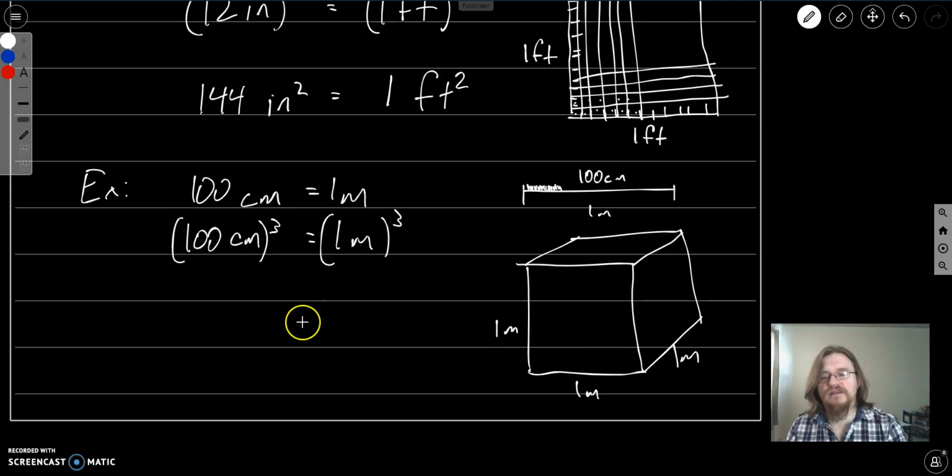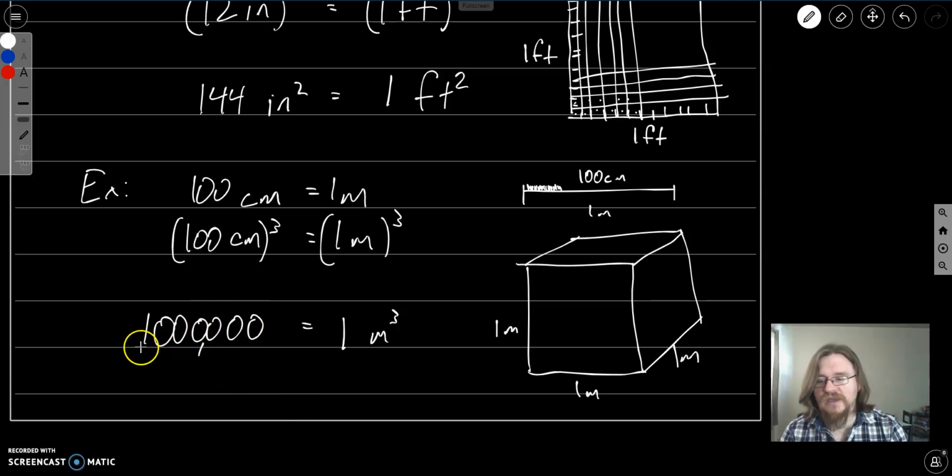Again, 1 meter cubed, well, 1 times 1 times 1 is just 1. It's pretty easy. 100 times itself 3 times, we could whip out a calculator, is going to be 1,000,000. That is 1 million centimeters cubed.